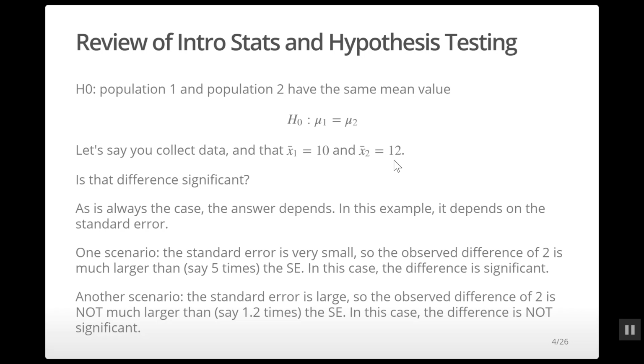Not the formula for standard error, but what does the standard error mean? It's the standard deviation of the sampling distribution, right? And the sampling distribution is what? What is the sampling distribution?